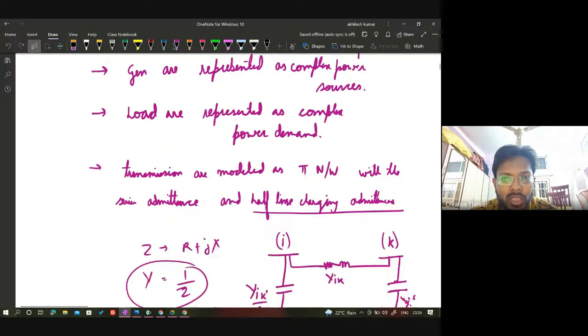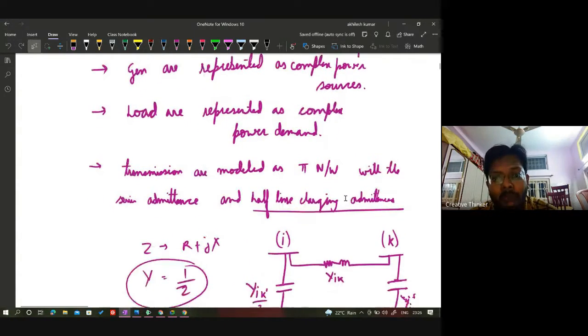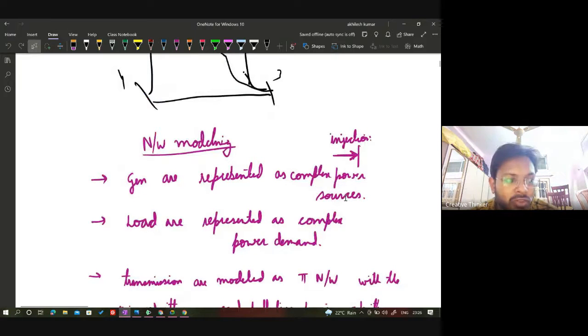We have seen that generators are represented as complex power sources. Loads are also represented as complex power demand. Sources mean injection: you are injecting something into the bus. Demand means load: you are taking some power out.